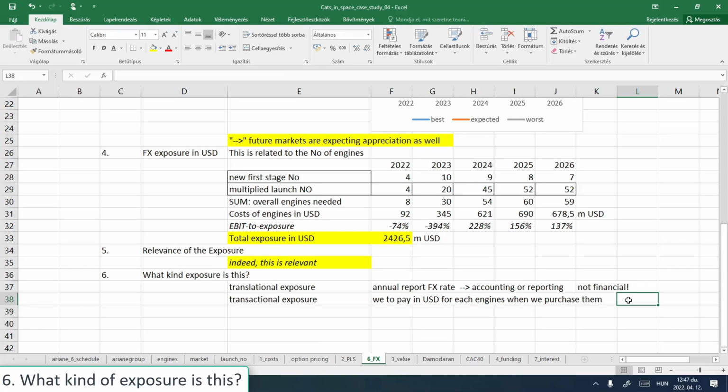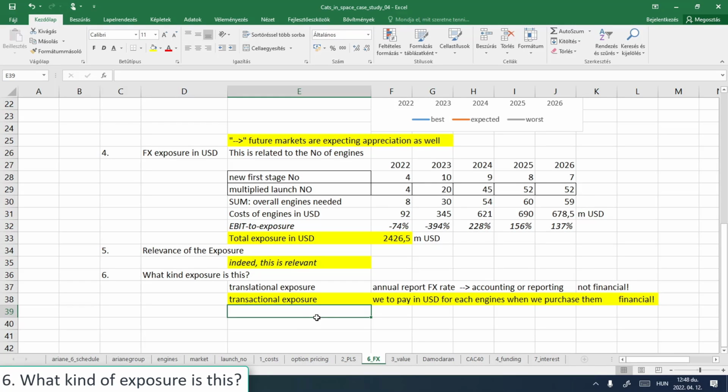So this is financial. This one is relevant for us because this is when cash flows are affected by the exchange rate movement.